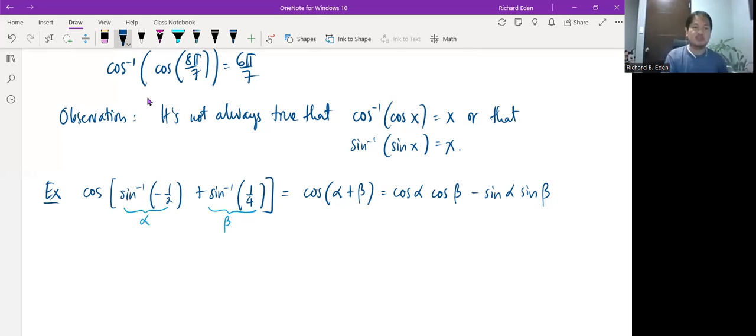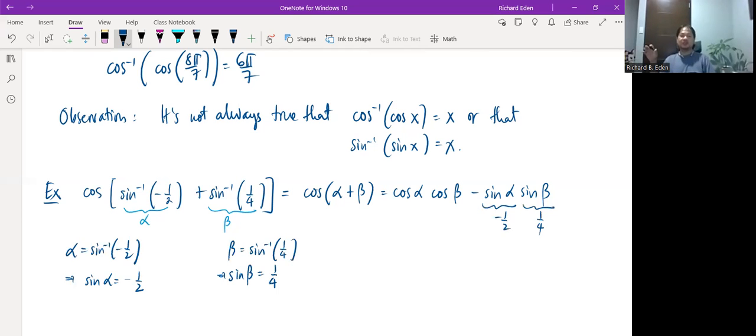We should already be able to fill out some of them because, for one thing, alpha is sine inverse of -1/2, and so that means sine alpha is -1/2. Now, beta is sine inverse of 1/4, which means right away that sine of beta is equal to 1/4. So we are subtracting the product -1/2 times 1/4.